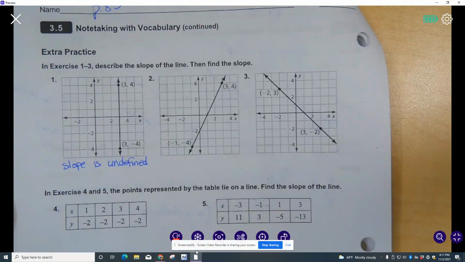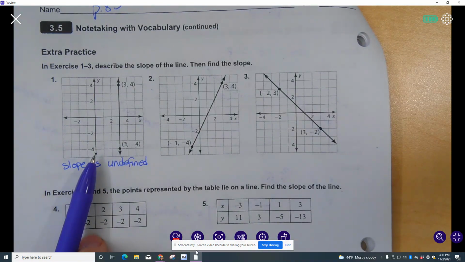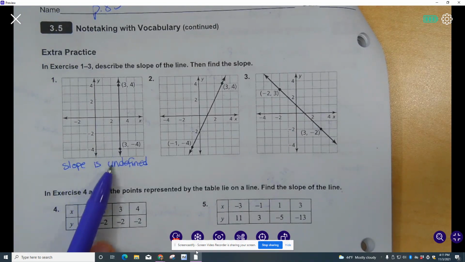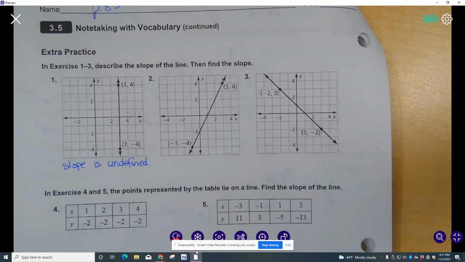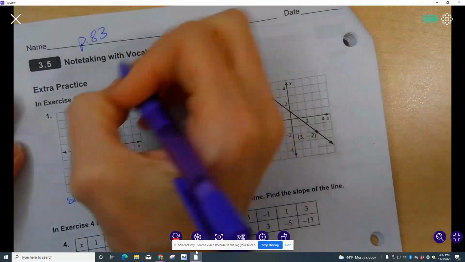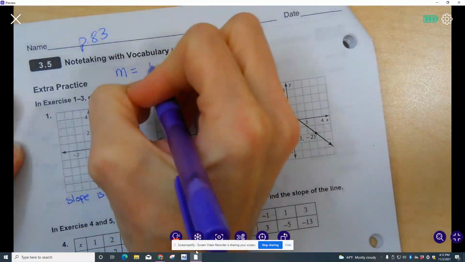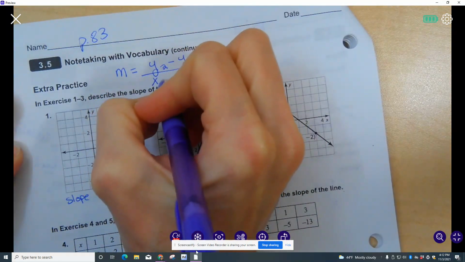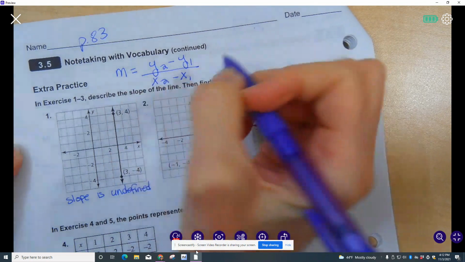Now we need to practice using the slope formula. So I'm going to go ahead and use the formula to find the slope of this line, and then it will also show you why we say it is undefined. So I'm going to, at the top of the page here, and I recommend you do the same thing, write that slope formula. y2 minus y1 all over x2 minus x1.